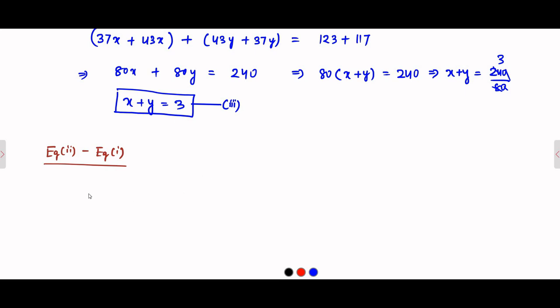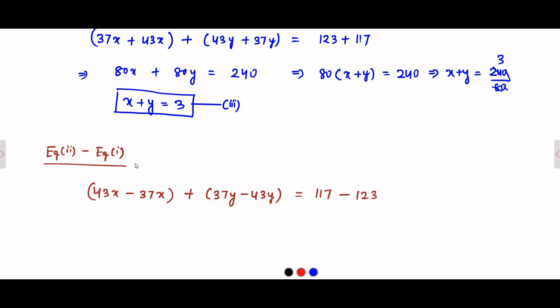So we have 43x minus 37x, plus 37y minus 43y is equal to 117 minus 123. Okay, this is equation 2 minus equation 1.